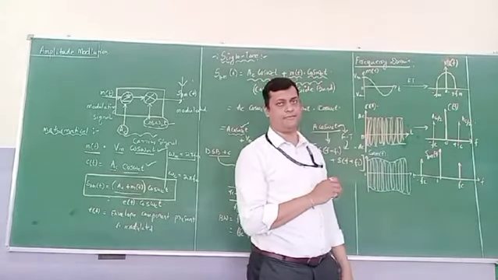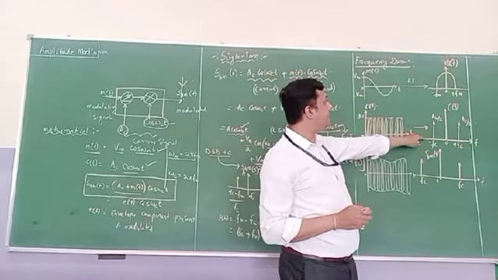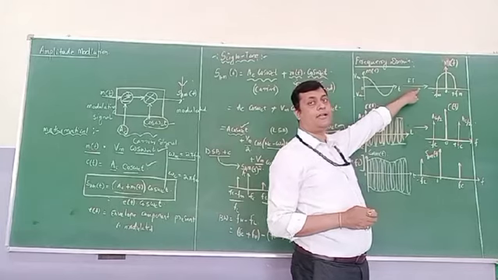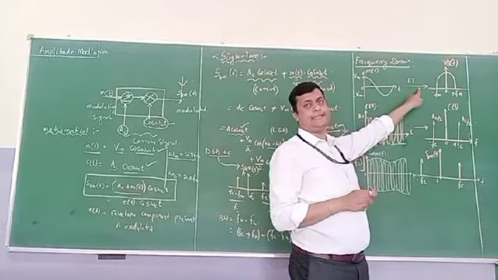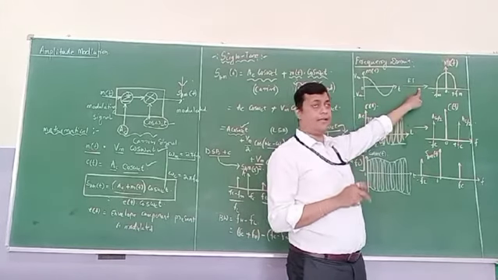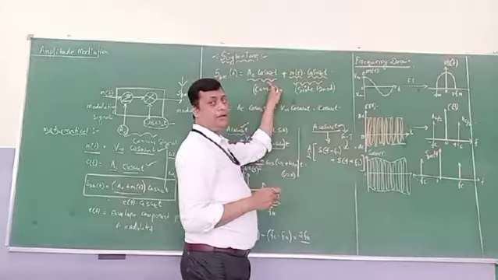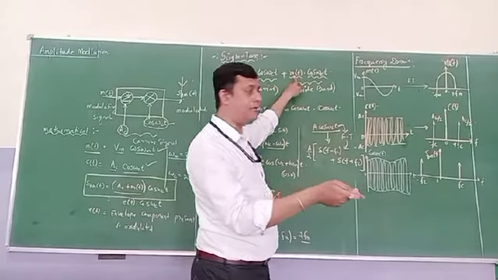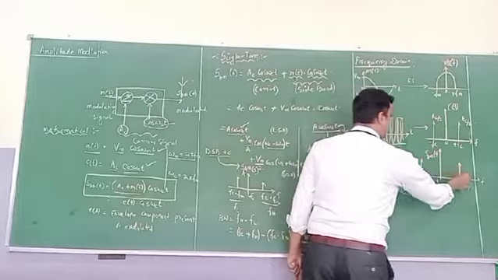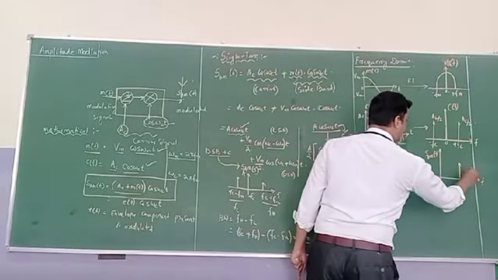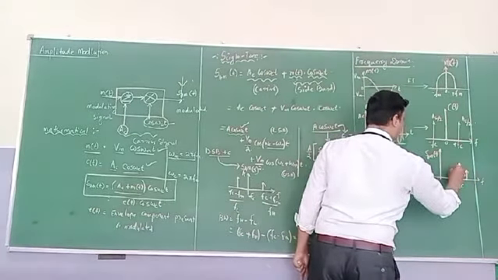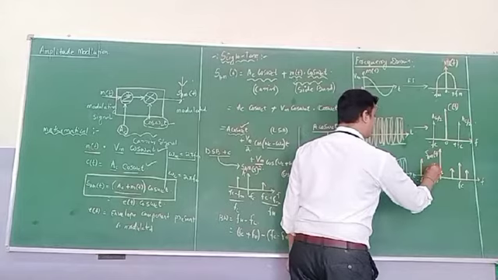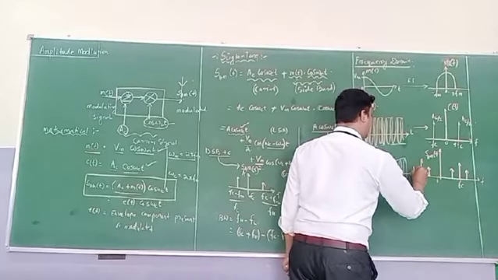Now when this carrier is modulated with the modulating signal, what do we get? The carrier is available, plus the modulating signal is imposed on the carrier component. So the carrier is available and the modulating signals are imposed on it. These are the upper segment and lower segment.